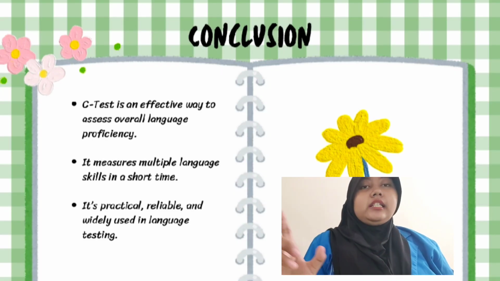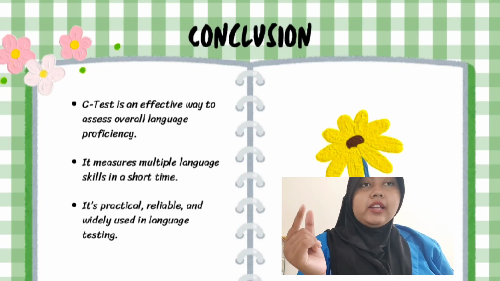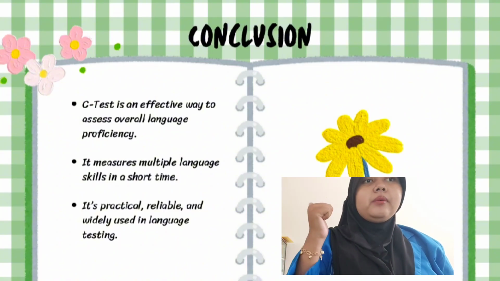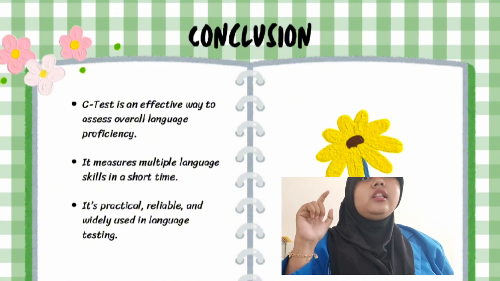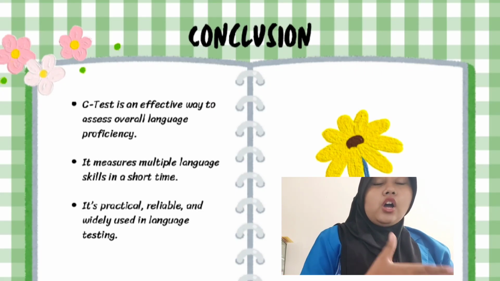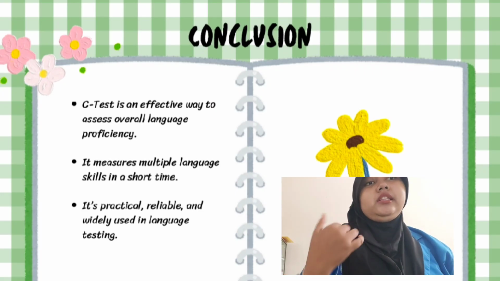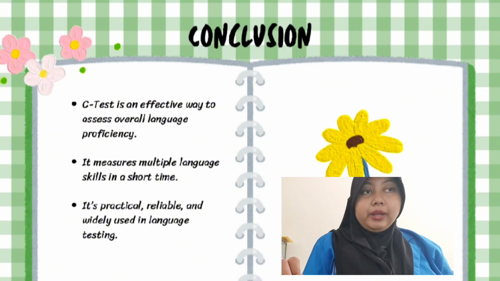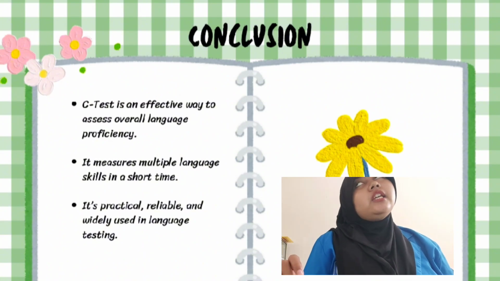Overall, a C-test is a simple, fast, and reliable tool for measuring general language proficiency based on students' ability to use context and grammar to fill in missing information.